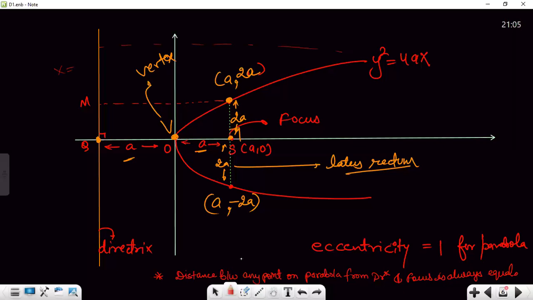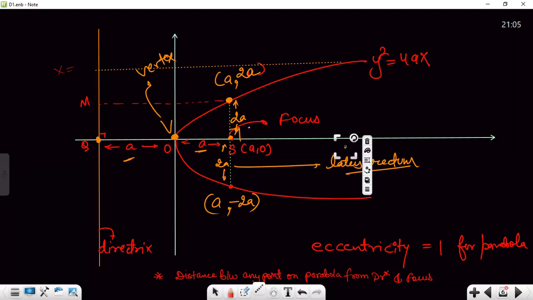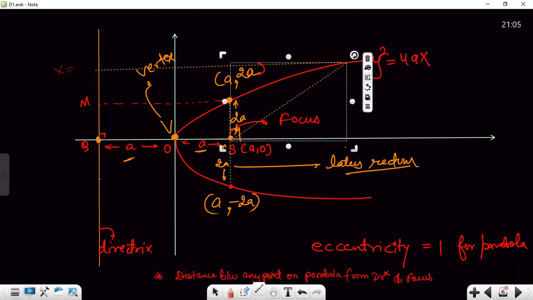Wait a minute, the laptop is hanged. So basically, the distance between any point on the parabola from the directrix and the focus is always going to remain equal. Like this distance and this distance, these both are equal.